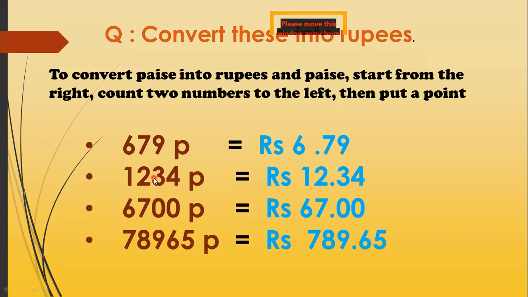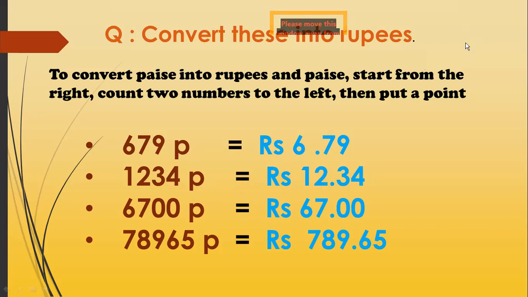After counting two numbers to the left, we will place the decimal between the numbers 2 and 3. So it becomes 12.34. After writing 12.34, we will write the unit of rupees before the numbers.